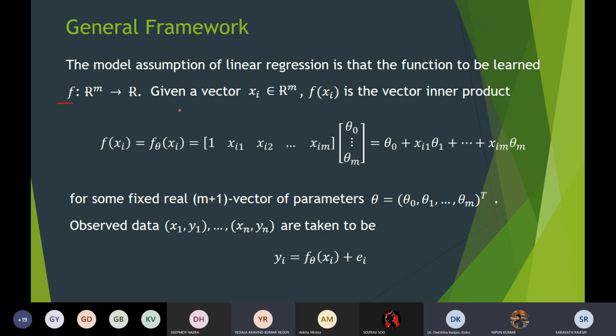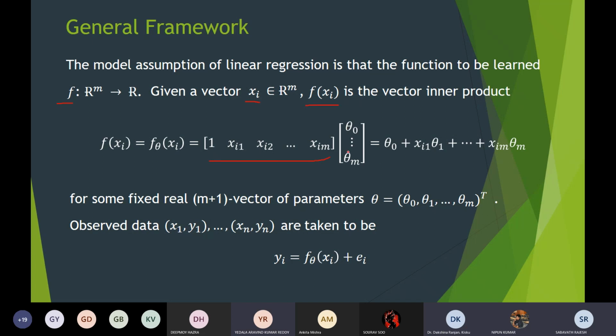Now, if we consider a vector xi in m-dimensional data R^m, then we can define a function f of xi over this particular feature vector. This function is nothing but the inner product of features and the model parameters.